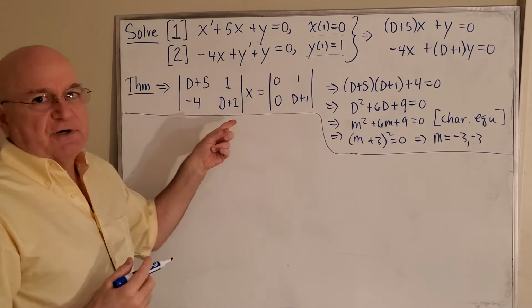Before I do that, I know equation number 1 requires x prime. I'm going to go ahead and compute it right now. That's going to be negative 3 c1 e to the negative 3t. This one's pretty easy.